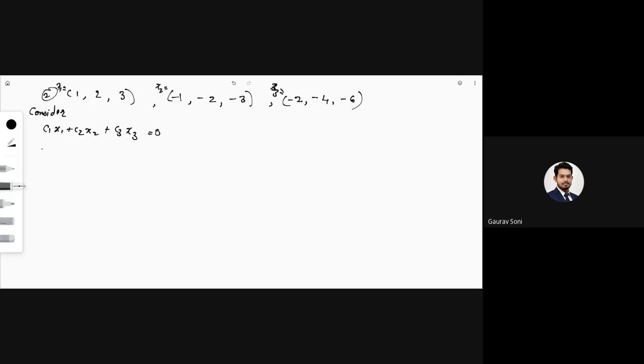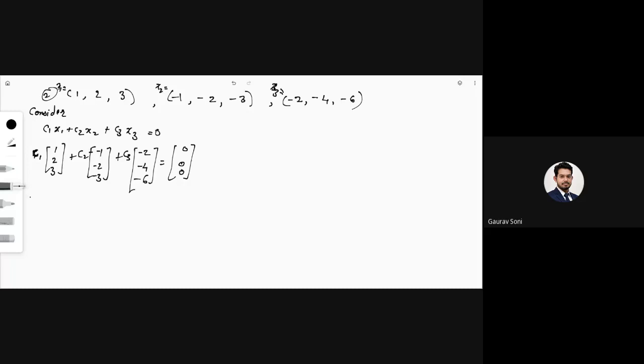So what we will have, c1 into 1, 2, 3, c2 into minus 1, minus 2, minus 3, and c3 into minus 2, minus 4, minus 6. And the right hand side is 0, 0, 0.